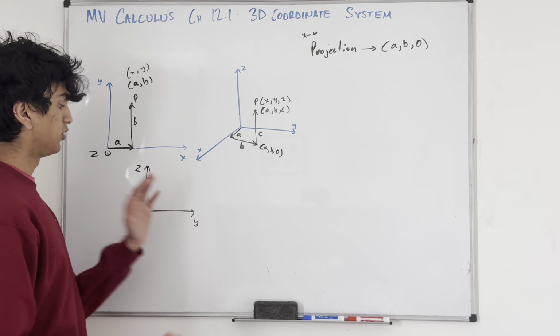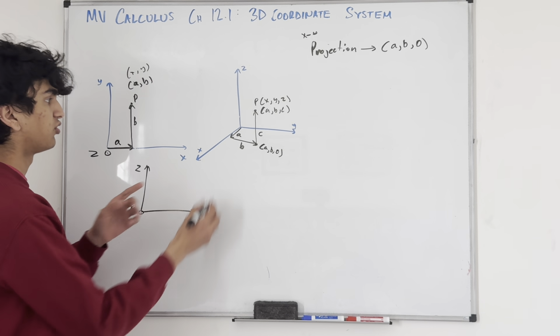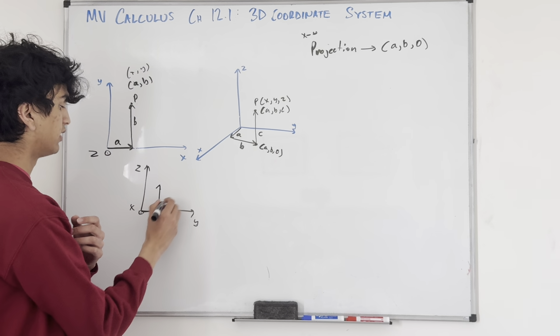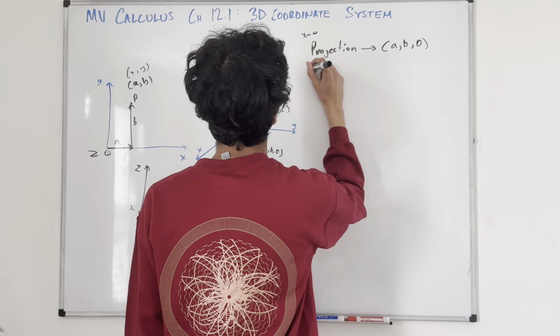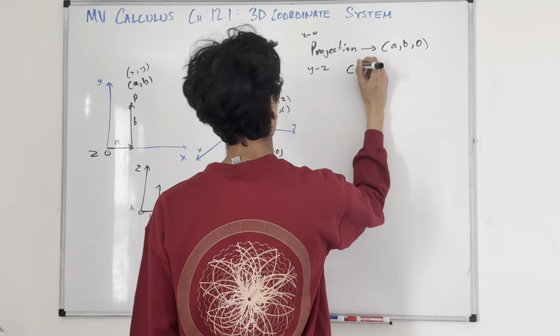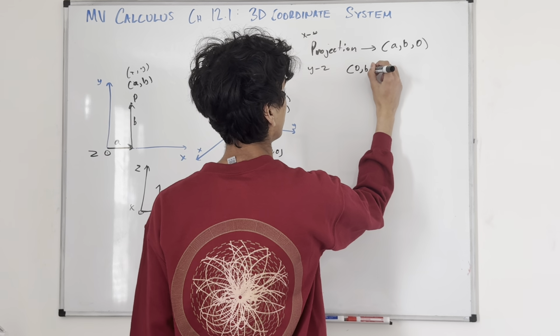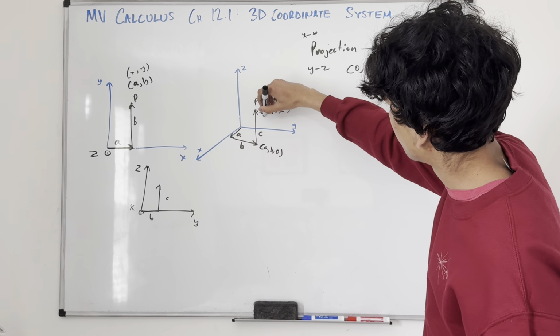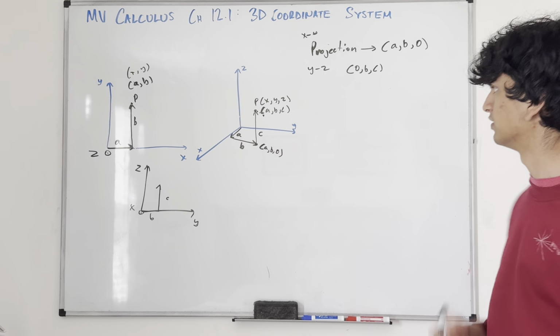Now X points out of the page, so you can't think about A, but you can see B and C. So for YZ, it would be (0, B, C), and that makes sense, because if you were to project it onto that plane, the x value is 0.